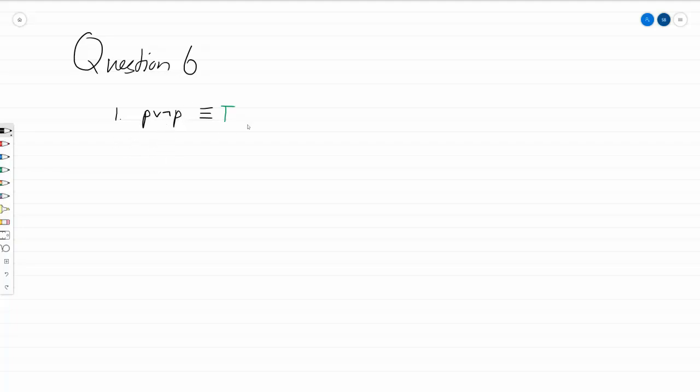For the proof of this, you would still go through and do P as our single term, and then let's also do not P, and then we have P or not P. So we have true, false, which is false and true, and in this case, they're both true. And that would be our proof for that.